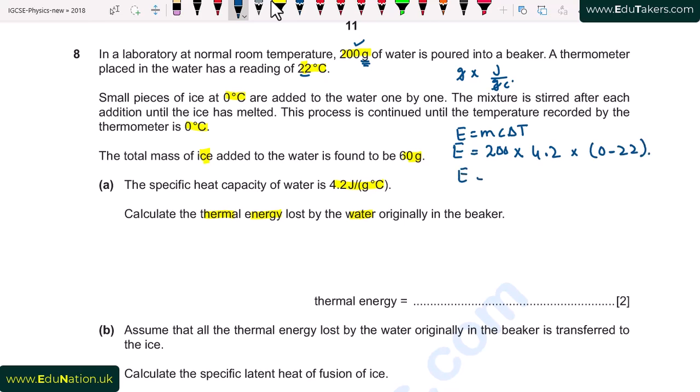So the energy comes to be 18480 joule, and it is approximately equal to 18,000 joule. There will be a minus sign because of this, and this minus sign shows that energy is lost.